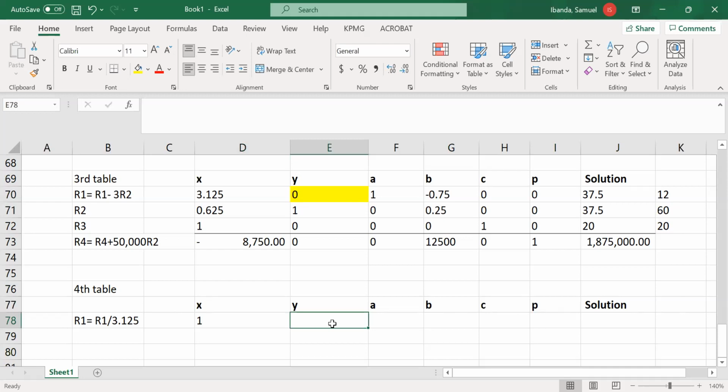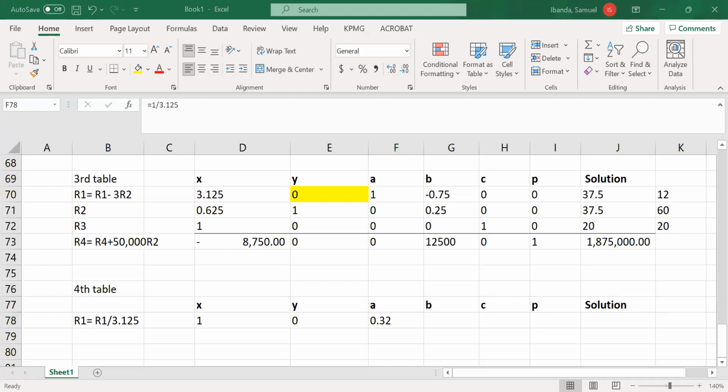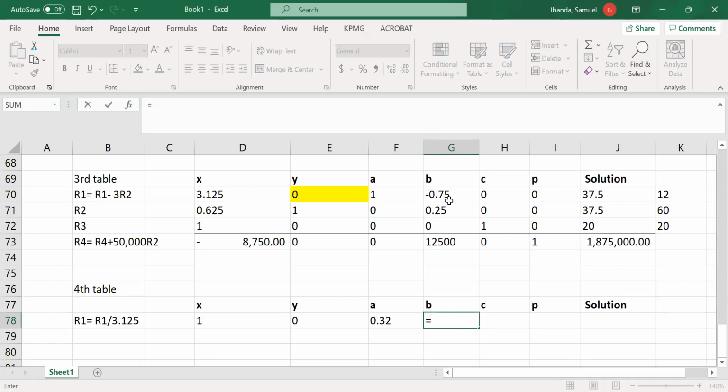Now this one is 0 divided by 3.125 gives me a 0. This will be 1 divided by 3.125. It's giving us a 0.32. And then this one, negative 0.75 divided by 3.125 gives me negative 0.24.